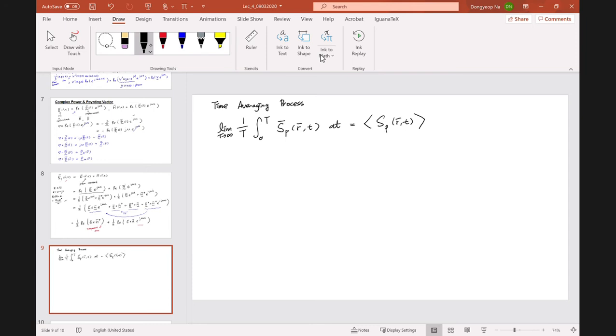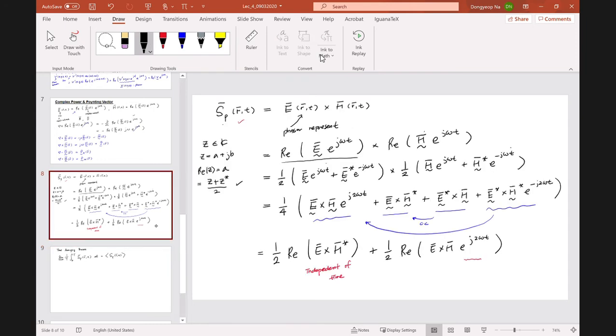So if we plug the expression that we derived into this time averaging operation, then we can figure out that the second term, due to this rotating wave term, is going to be rotating around the zero axis.